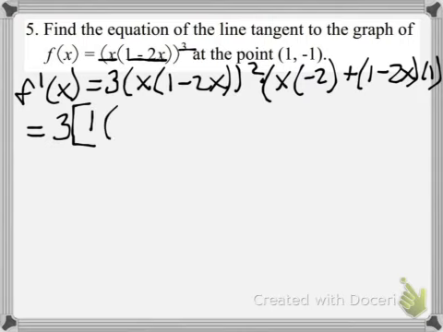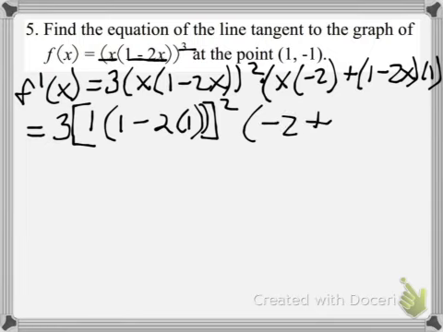So this is 1 times (1 minus 2 times 1) squared times, well, 1 times negative 2 is just negative 2, plus 1 minus 2 times 1 is 2. So cleaning this all up, this would actually be 3 times 1 times (1 minus 2), which is negative 1.